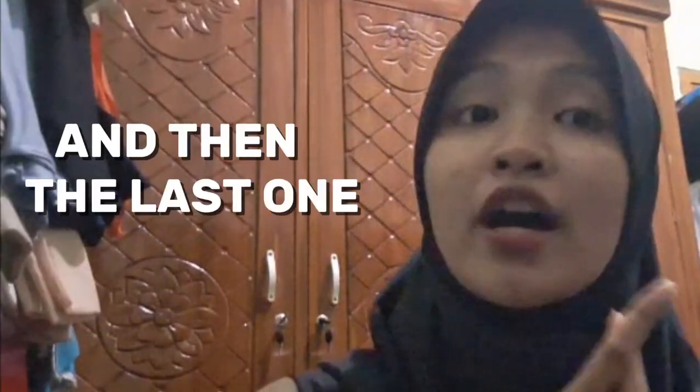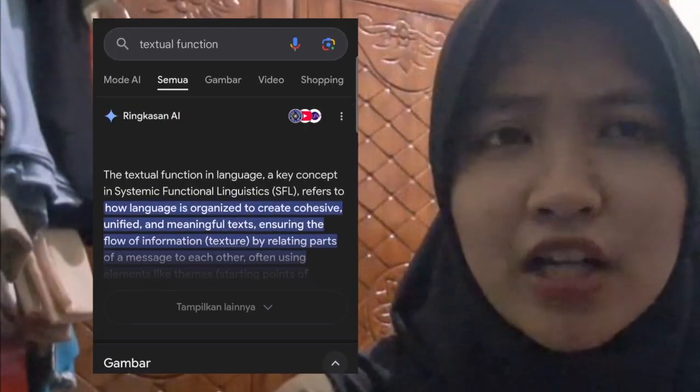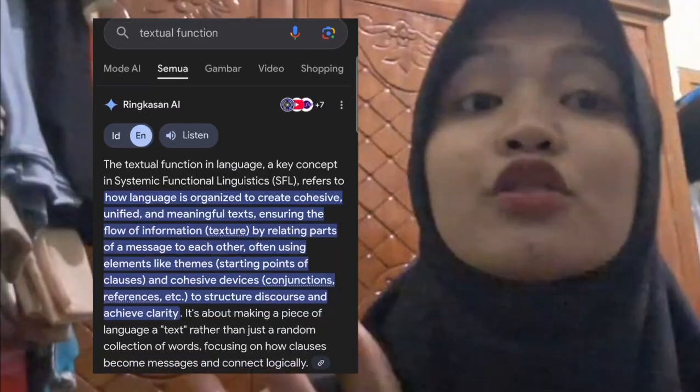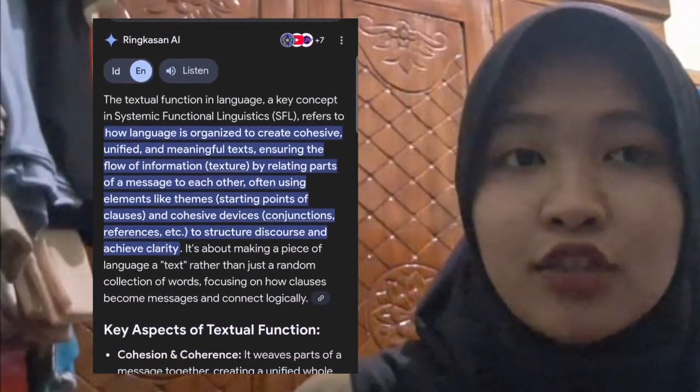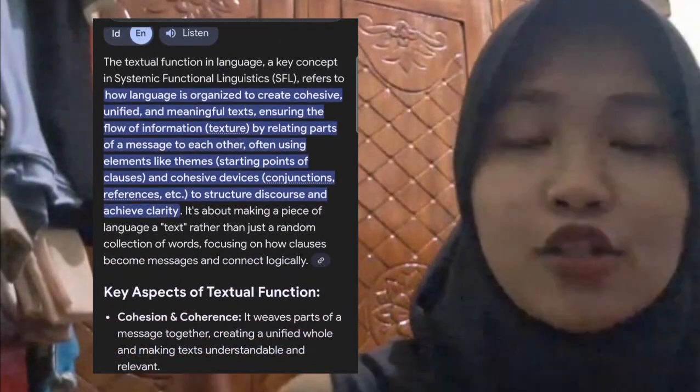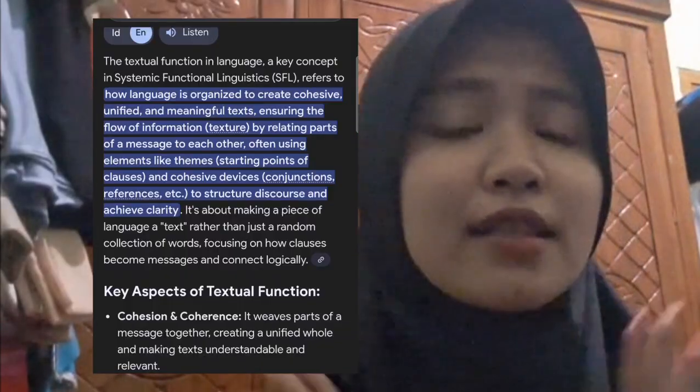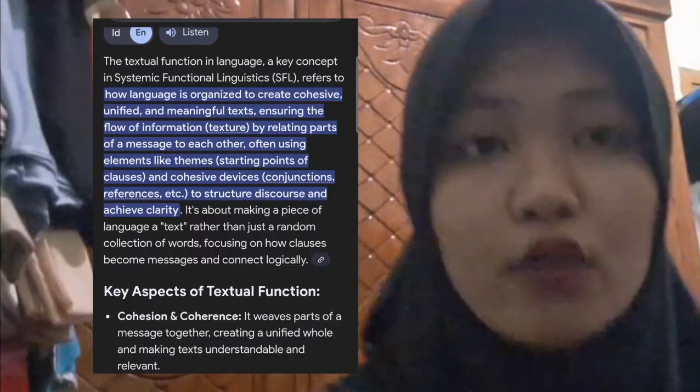And the third one is the textual function. The textual function helps to organize language into coherent and meaningful text so that the message flows smoothly. From these three functions, we get important analytical tools in SFL such as theme, mood, transitivity, and stratification.